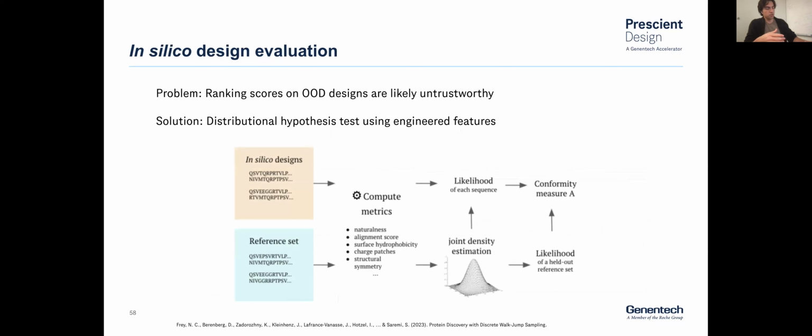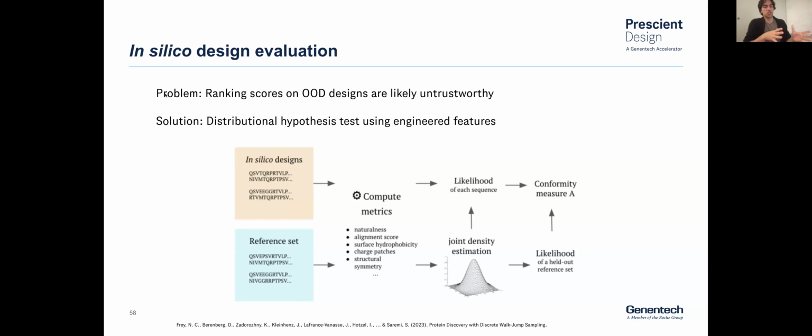In addition to this KL penalty in the design term that's preventing us from moving too far out of distribution, we also had another safety rail, which was a distributional hypothesis test that used engineered features. This was not deep learning.